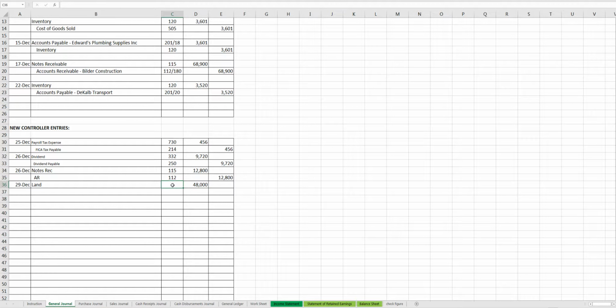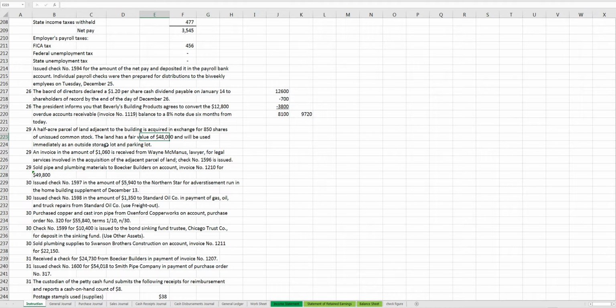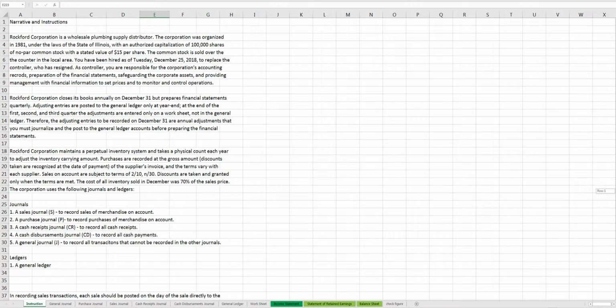We're going to find the land's account number. Then we're going to credit common stock with the par value issued. Par value multiplied by 850 shares issued. And par value is available, right? If you read it right here, it's $15 per share.